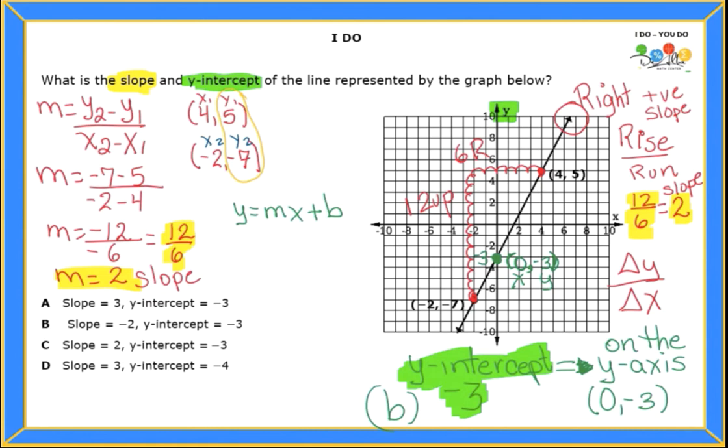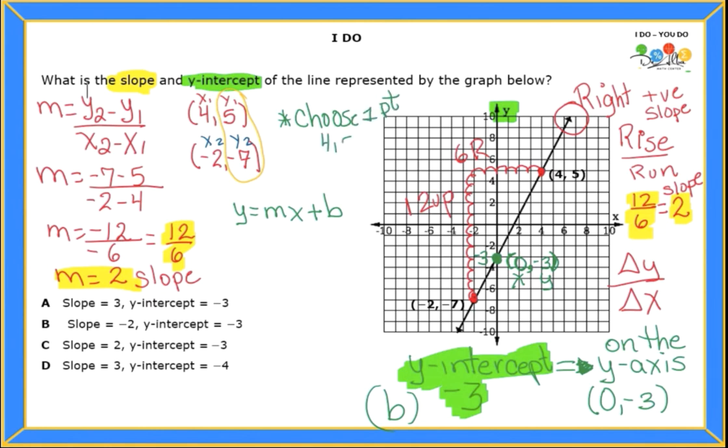So I do know, but we're going to pretend that I haven't discovered my y-intercept yet. So I'm going to choose one point from the 2 points that are given to you.